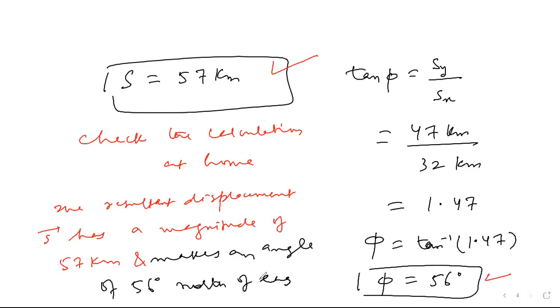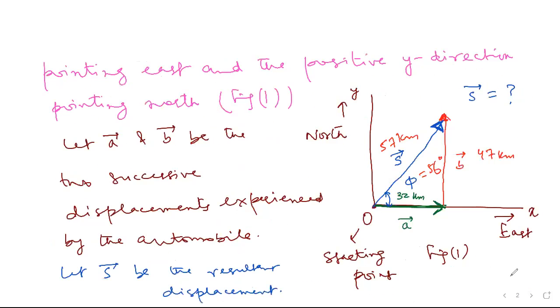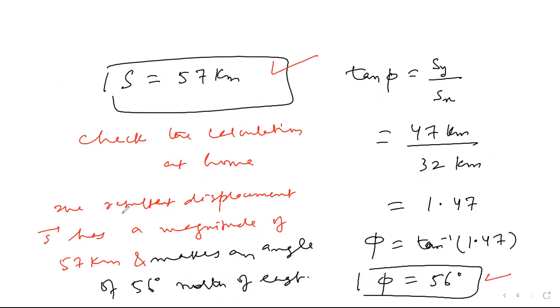Understand it? In the figure, this resultant displacement is making 56 degree angle north of east. It is not due east, but it is towards north by 56 degrees. That's why we say the resultant displacement has a magnitude of 57 kilometer and makes an angle of 56 degrees north of east.